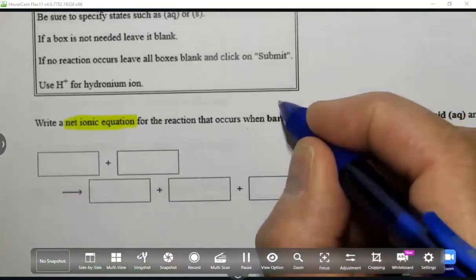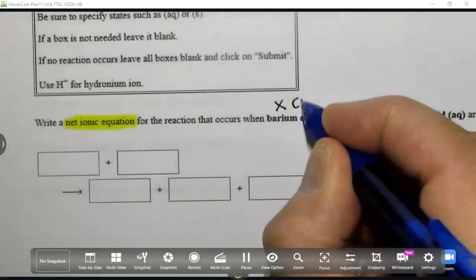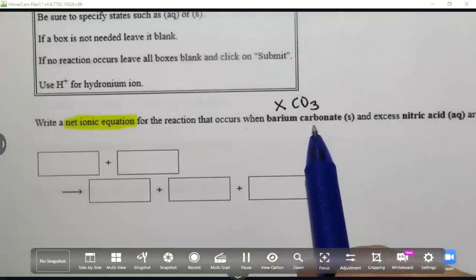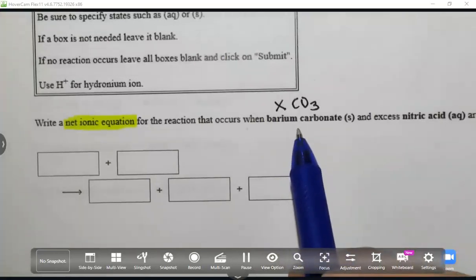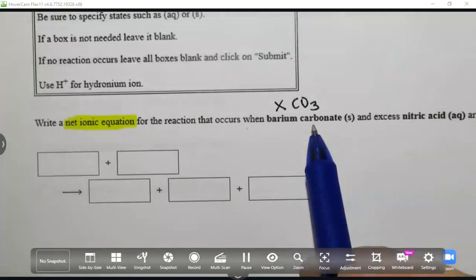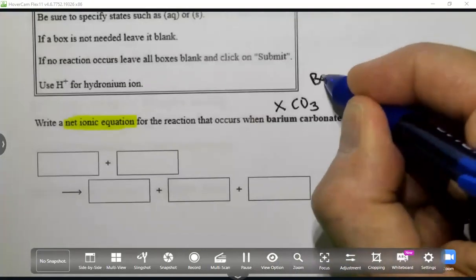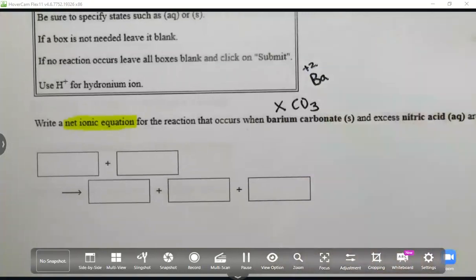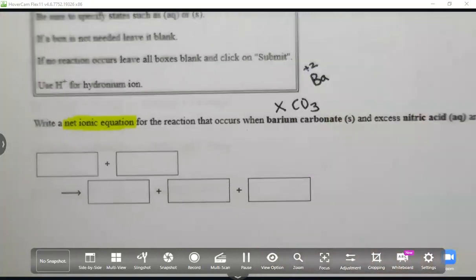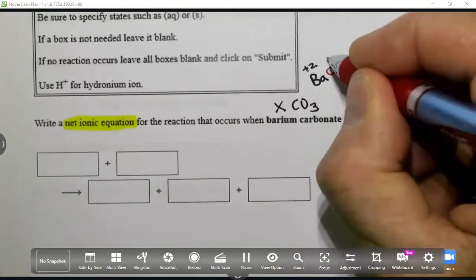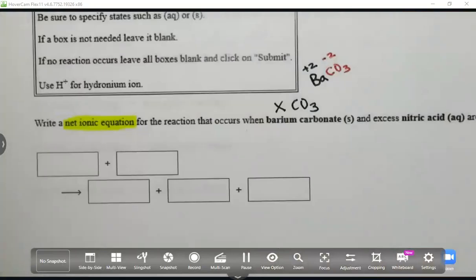All right, so this is an XCO3 metal carbonate, right? In fact, let's write the correct formula out. What is the correct formula for barium carbonate? Well, we've got Ba+2, and carbonate is always CO3 -2.